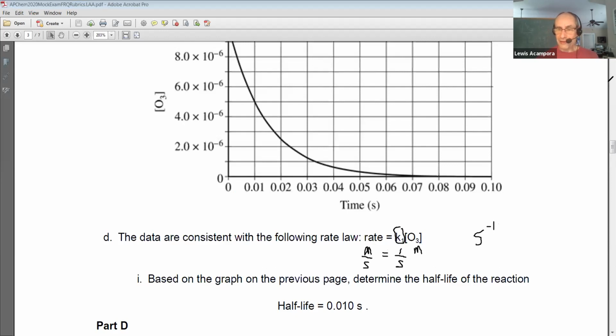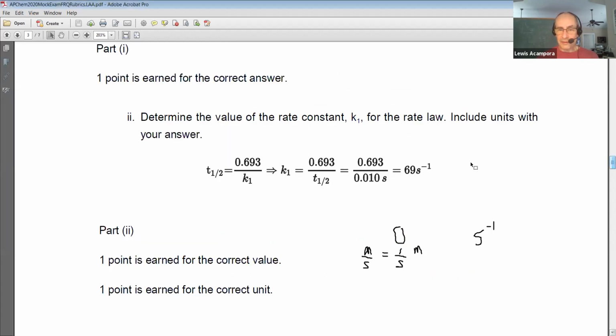So in this particular question, you're given the formula, the half-life equals 0.693 over k1. And those of you who are in calculus or pre-calculus might recognize 0.693 as the natural logarithm of 2. So that's where that comes from.